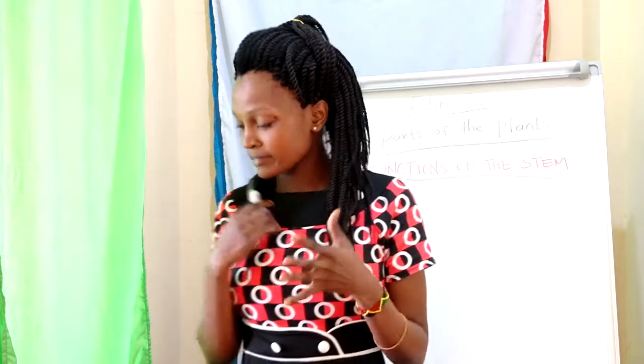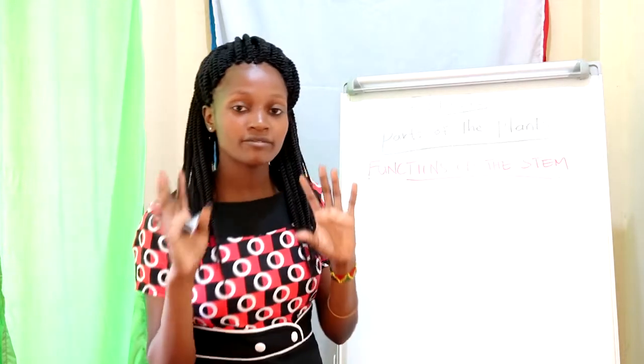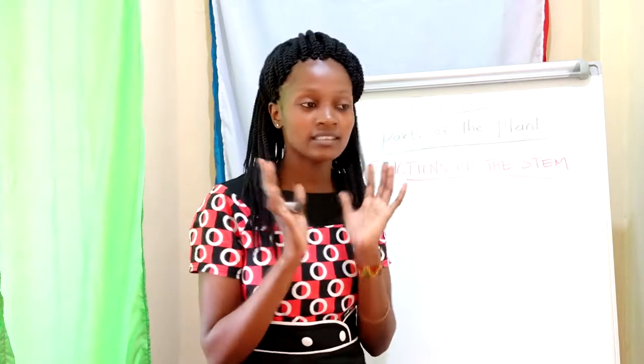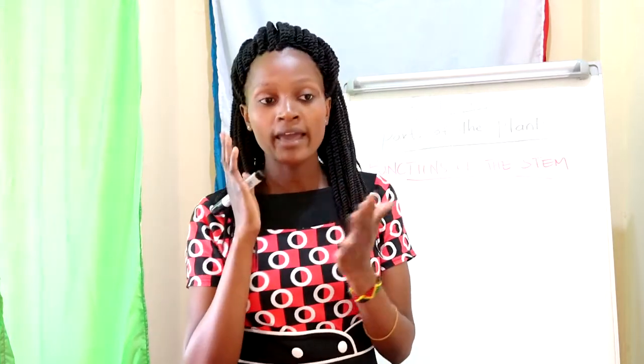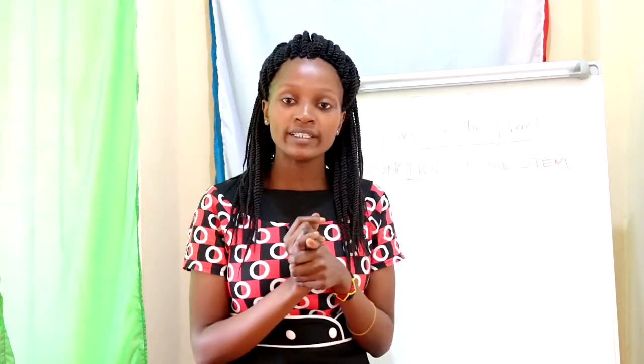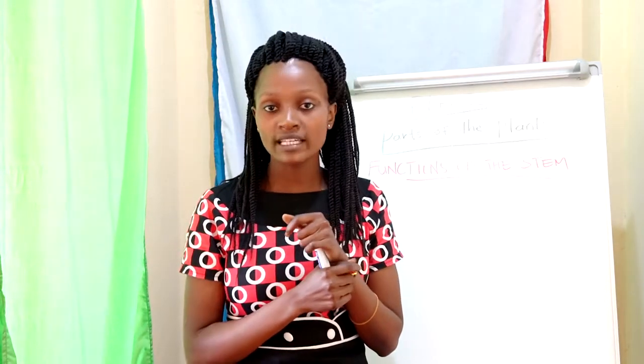And also the stem holds the flowers in good position so that it can enable them to carry out pollination. So it supports the leaves, the flowers, and the fruits in good position.